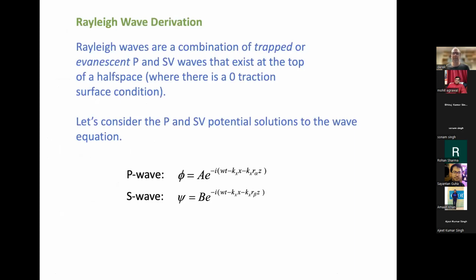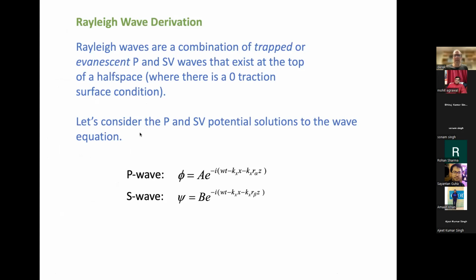So Rayleigh waves are a combination of trapped or evanescent P and SV waves that exist at the top of a half space. And we need that top of a half space to have a zero traction surface condition. And that is the condition that you get between an elastic medium and air.